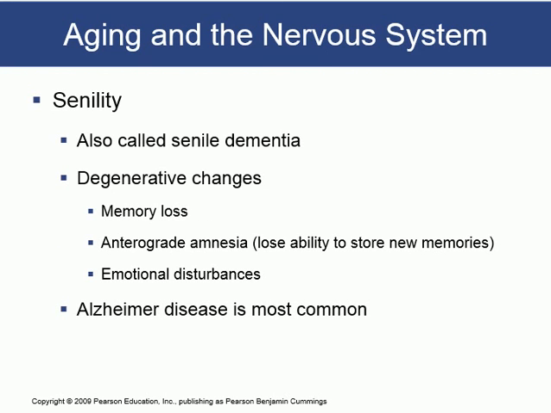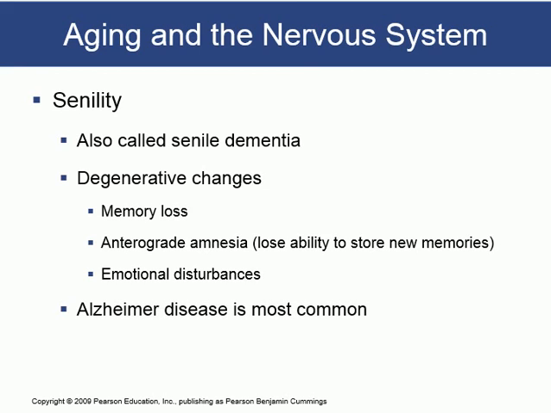Senility in general, or senile dementia. What does dementia mean? Alzheimer's is one of the forms of dementia, which is basically loss of memory. This is the most important thing, not the only thing, but the most prominent thing. Dementia, memory loss.